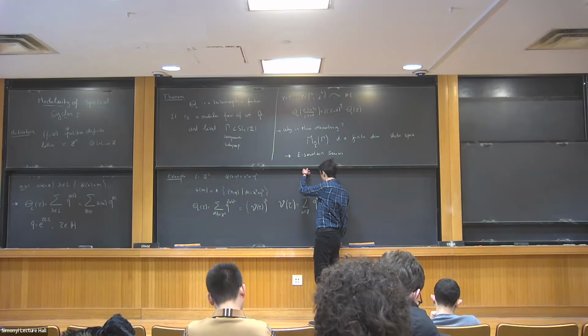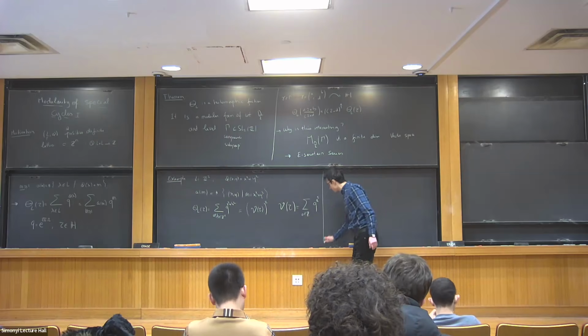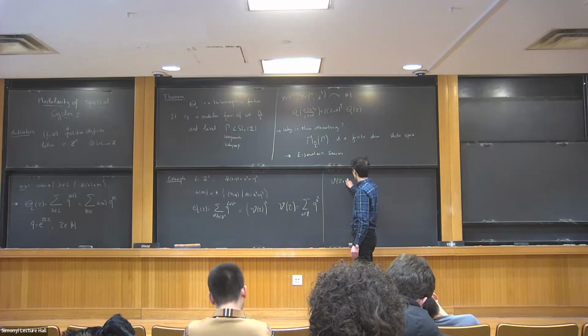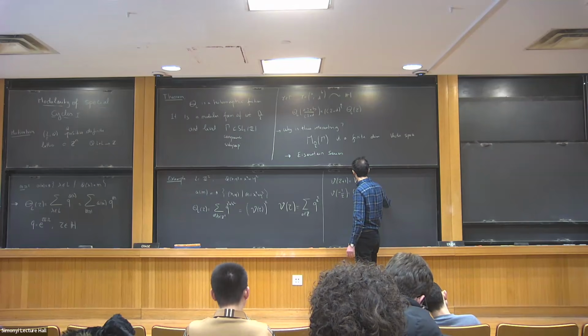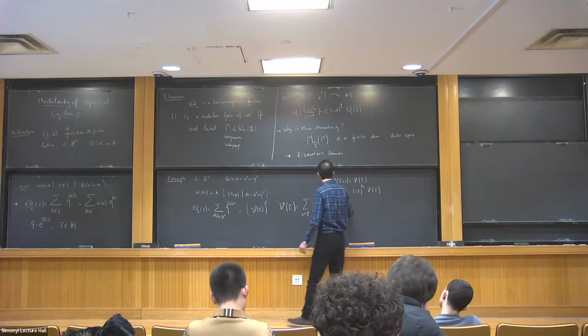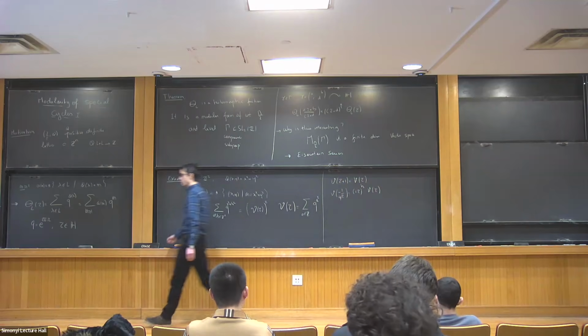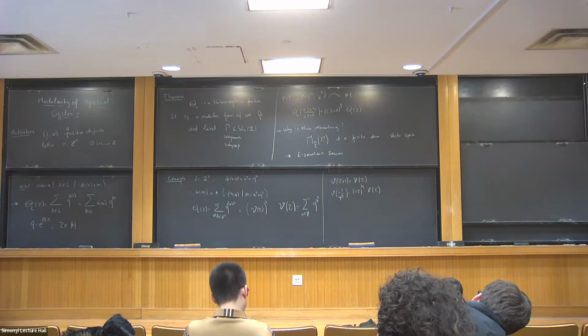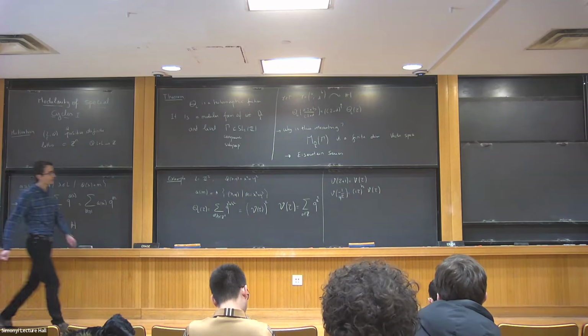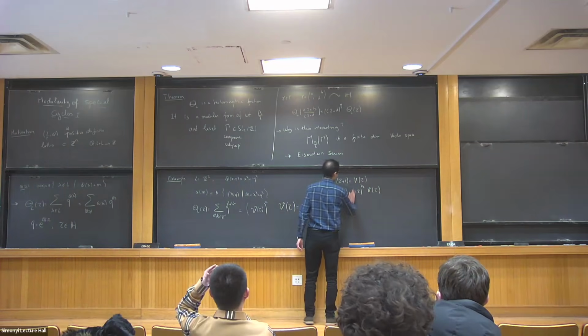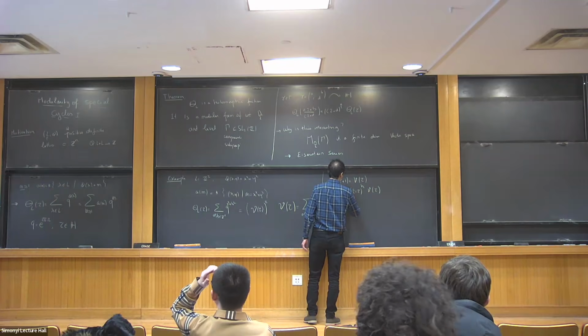Now, it's relatively easy to see that this function u is invariant by translation by 1, and that u of minus 1 over tau is (minus 2 i tau) to the power 1/2 times u of tau.